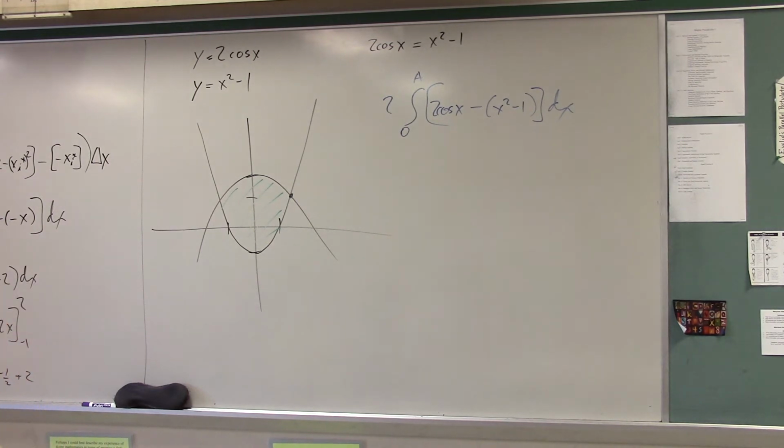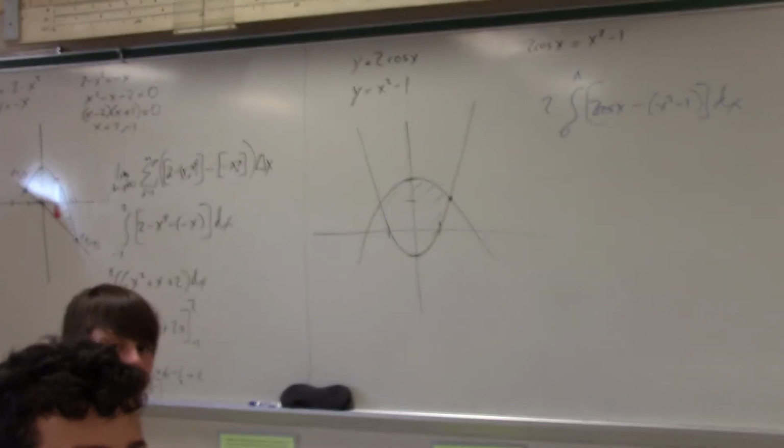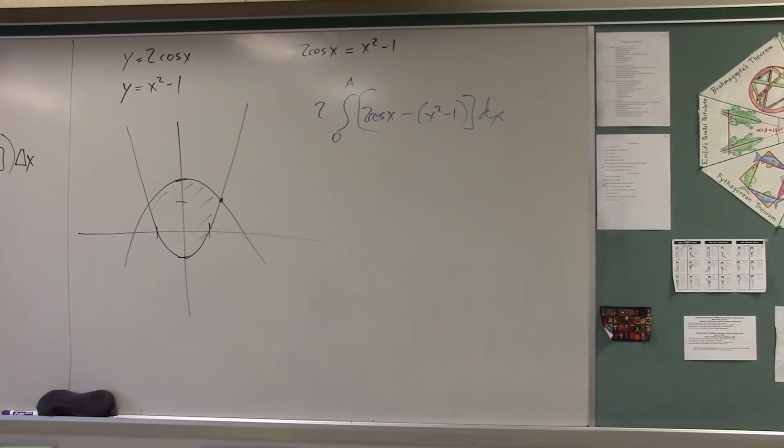Wait, how do we do that again? Twice the integral from 0 to a of y2 minus y1. So you just go bars, y bars, function y2, minus bars, y bars, function y1. That is the function I would like to. So that's the integrand, and dx.